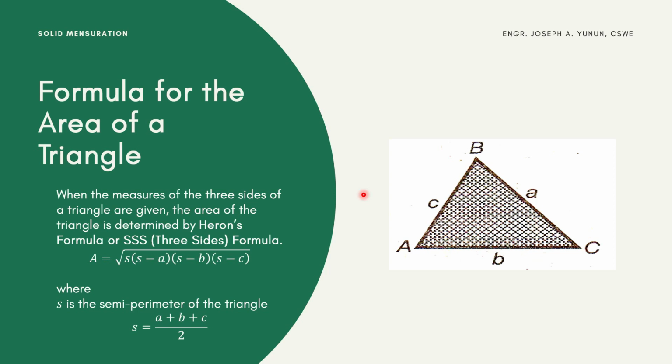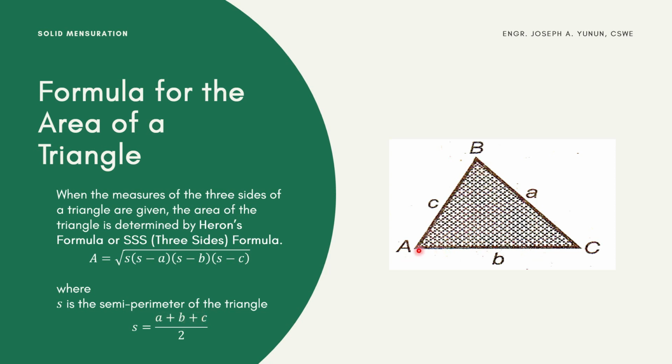You have this formula. If all three sides of the triangle are given, you can use it. Take note that S represents the semi-perimeter, and sides A, B, C are the sides of the given triangle, the sum of which is divided by 2. We all know that perimeter is the sum of all sides, so for the semi-perimeter, you divide it by 2.